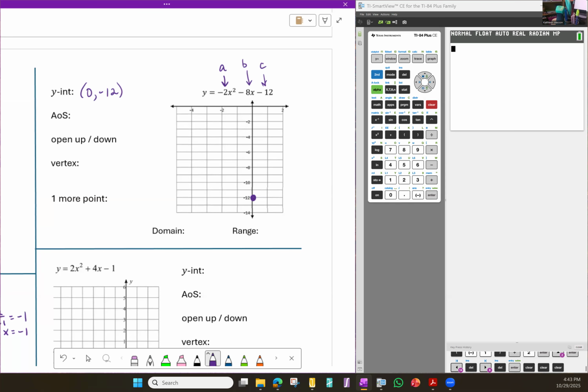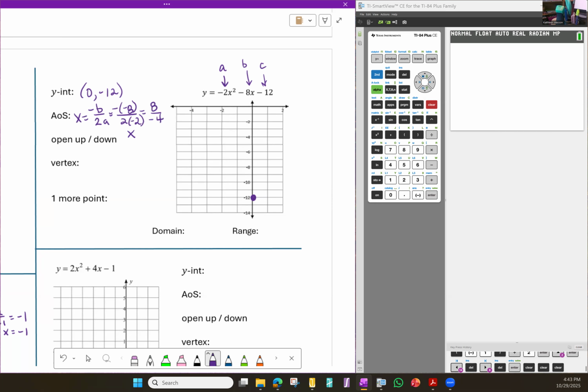The axis of symmetry is x equals the opposite of B over 2 times A. That'll be -8 divided by 2 times -2. That's 8 over -4.